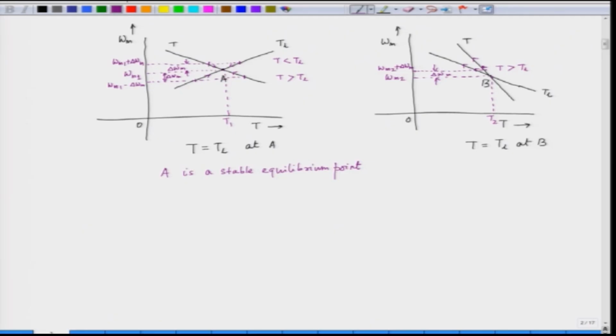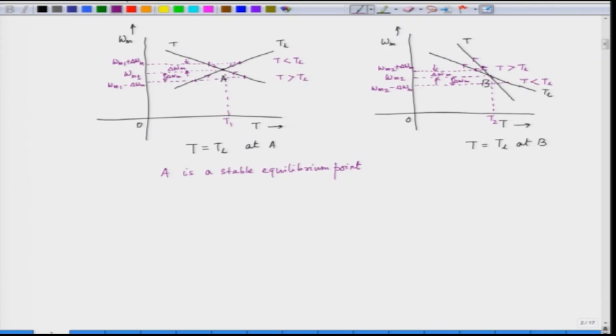And if we decrease the speed here by delta omega m, we have the new speed omega m 2 minus delta omega m, and here what we obtain is that the motor torque is less than the load torque.